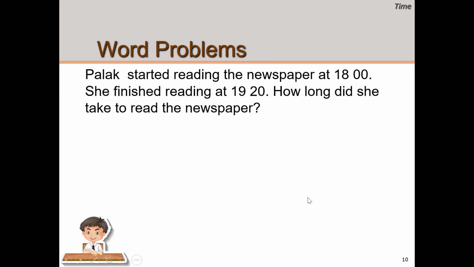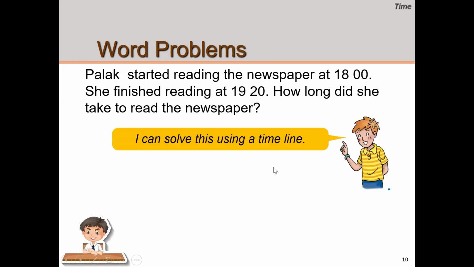So let's solve one word problem. Palak started reading the newspaper at 1800 hours. She finished reading at 1920 hours. How long did she take to read the newspaper? Okay, so I can solve this using a timeline.